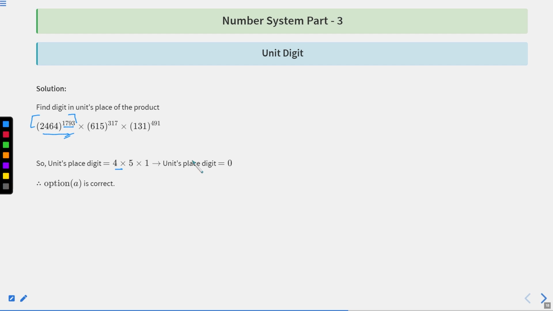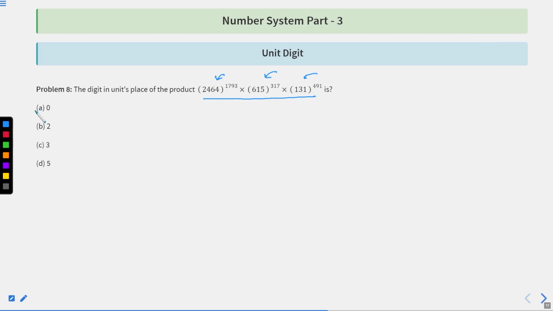So 4 is going to be for this one. For this one we will be having 5, and for this one we will be having 1, because whenever you have unit digit 1, however many times you multiply it, 1 will always be there at the unit digit. Now just multiply, this will be 20, and 0 is the unit digit. So option number A is correct.